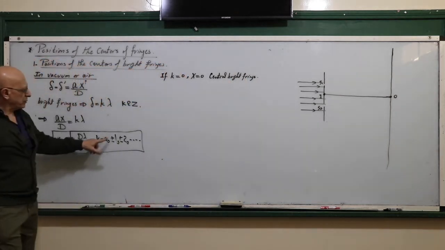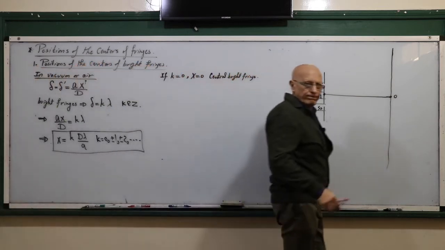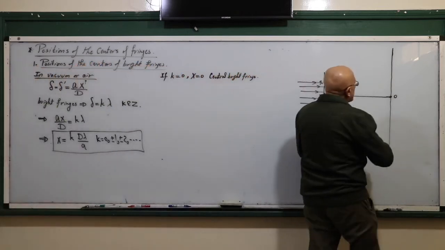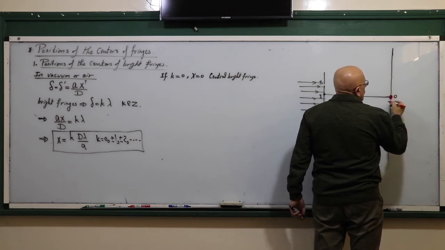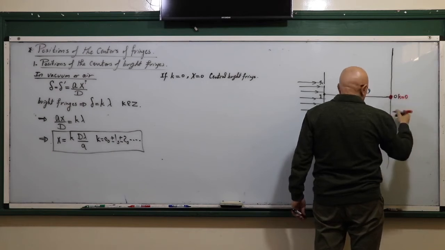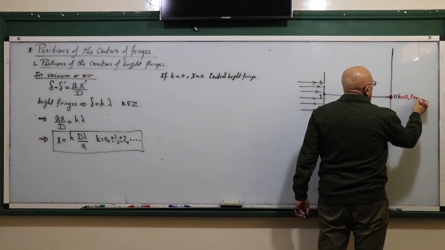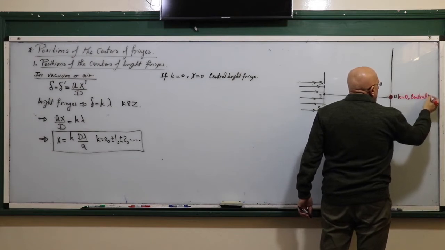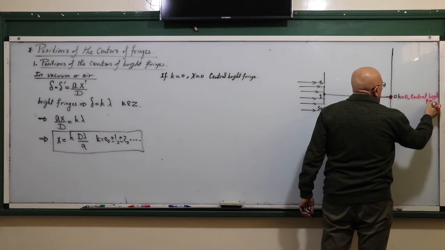If I take k plus or minus 2, at the center, at O, you have the central bright fringe. This is the center of the central bright fringe. You have here order 0. This is called the central bright fringe. Okay?